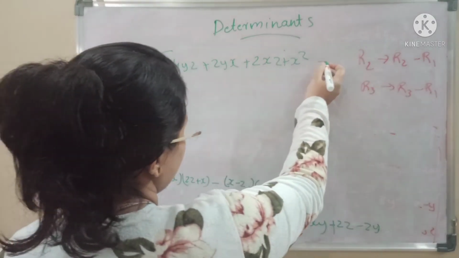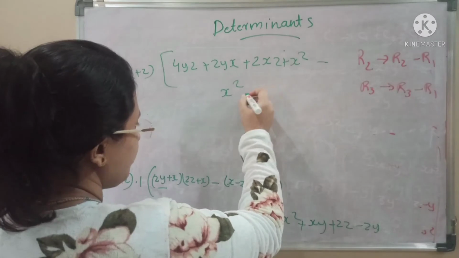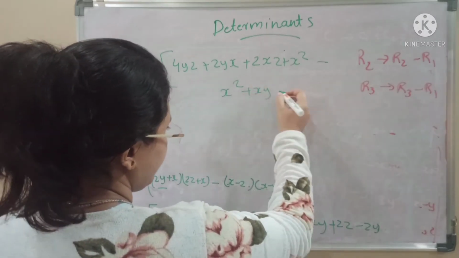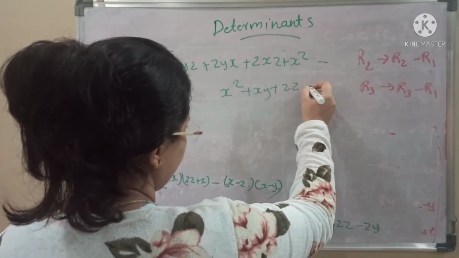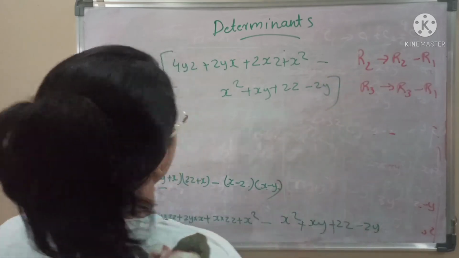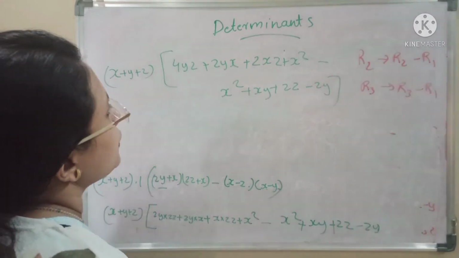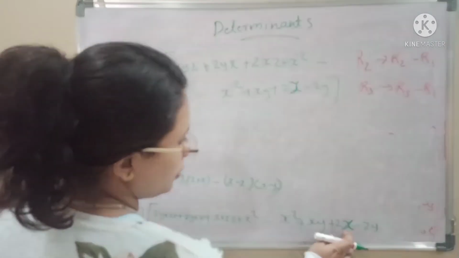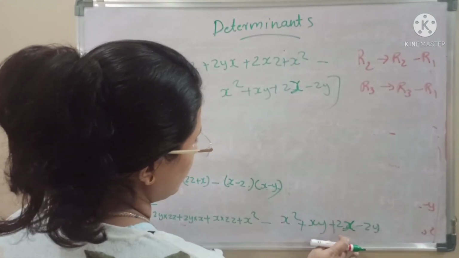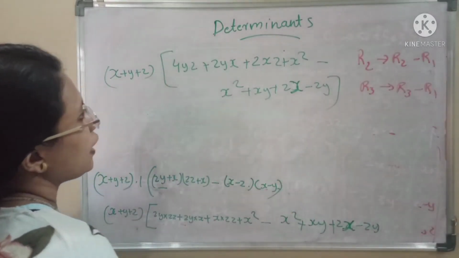Minus, we have x square plus xy plus 2z minus 2y. Okay, a small correction, it is not z, it is x. So it is also x.